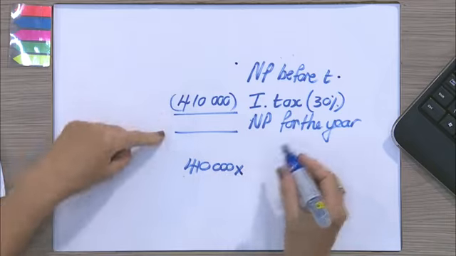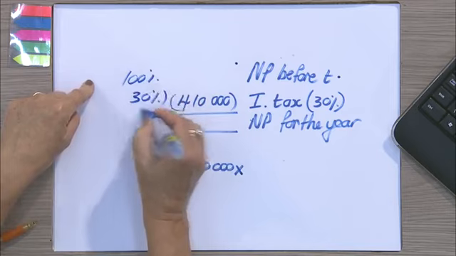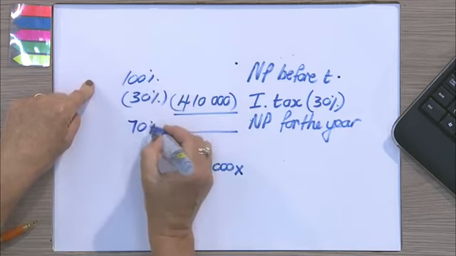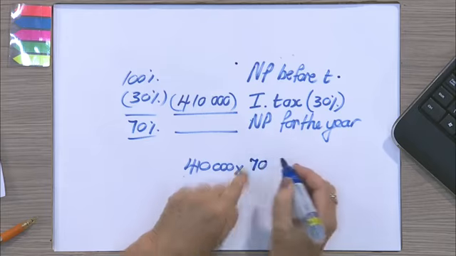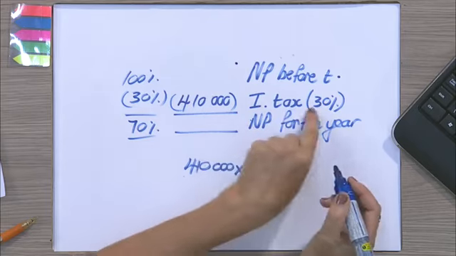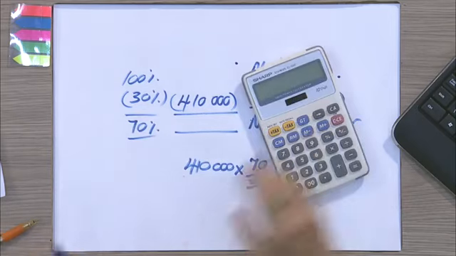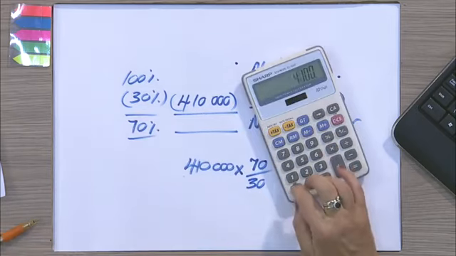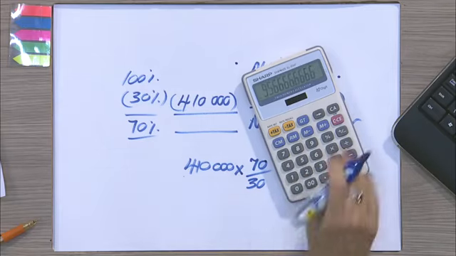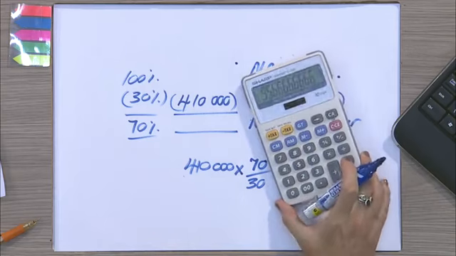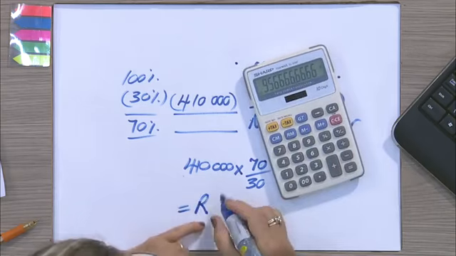I want 70%, so you want 70, but they gave you 30%. Okay, let me just quickly calculate that. 410,000 rand times 70 divided by 30. Like I said, I probably chose an amount that rounds off not nicely.